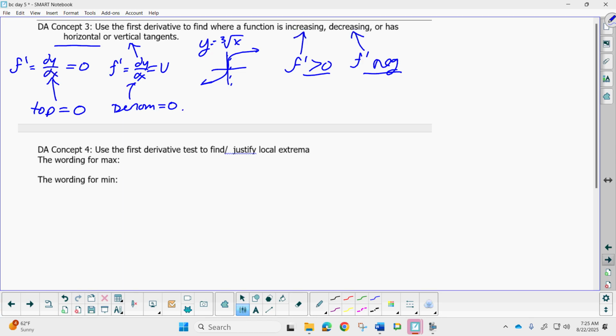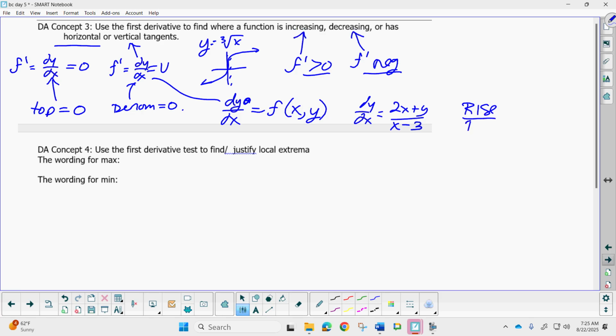Now I want you to, when you get to the homework, you're going to have some stinkers. Sometimes dy dx, if it wasn't a function, like a circle or something, then dy dx might be a function of both x and y. So maybe you had a case where dy dx is 2x plus y over x minus 3 or something like that. In those cases, remember that slope is rise over run.